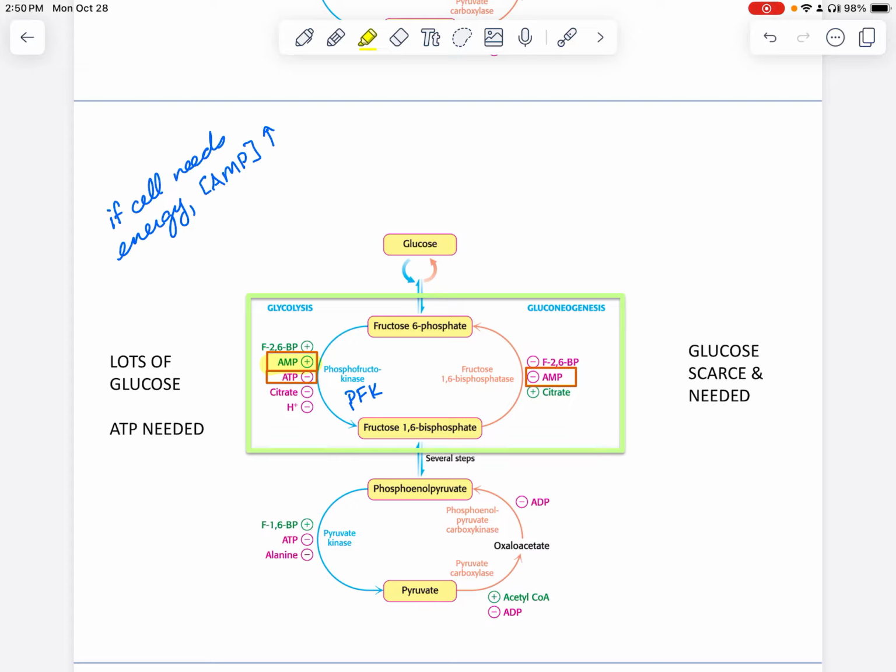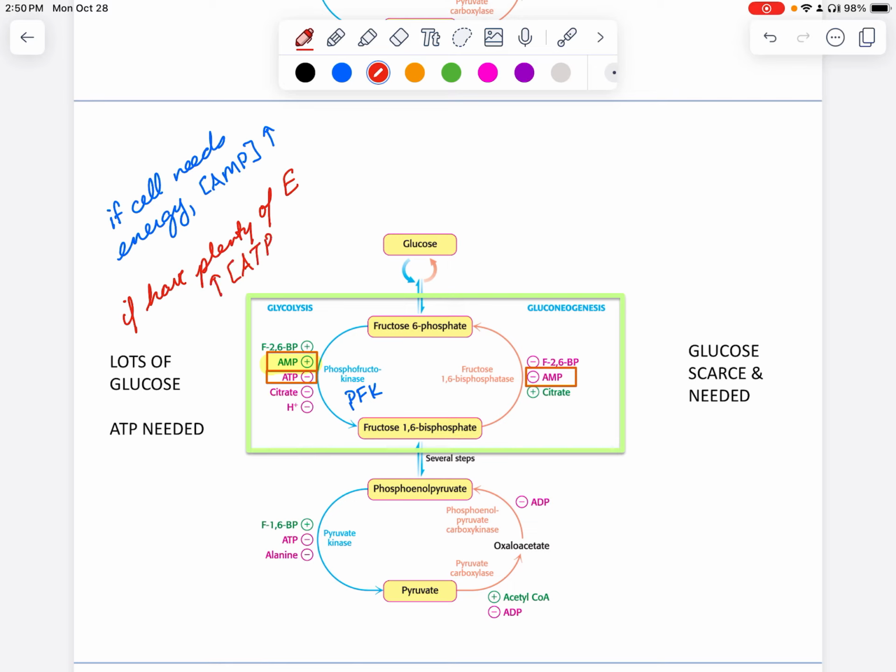Okay. On the other hand, if we have plenty of energy, the energy needs of our cell are met, we're going to expect higher concentrations of ATP.